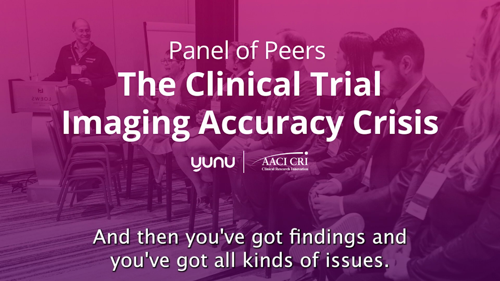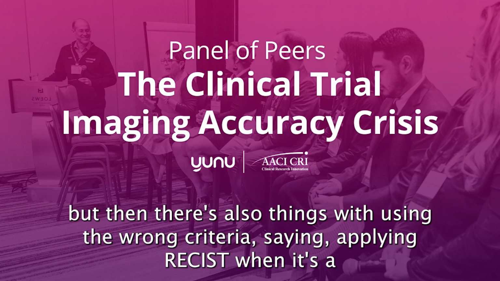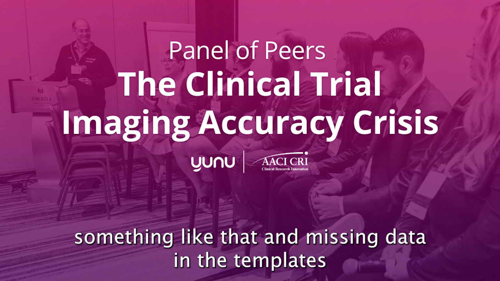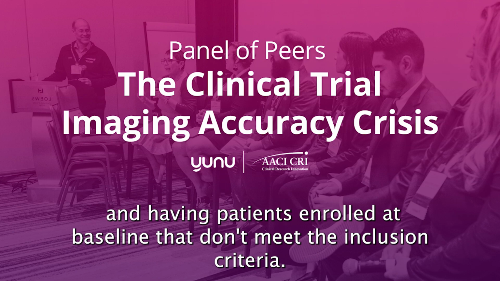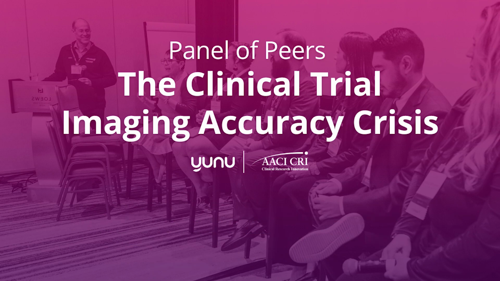And then you've got findings and all kinds of issues. But there are also things like using the wrong criteria, applying RECIST when it's an iRECIST trial, missing data in the templates, and having patients enrolled at baseline that don't meet the inclusion criteria. Those are the kinds of problems that really have a huge impact on the patients in the trials.